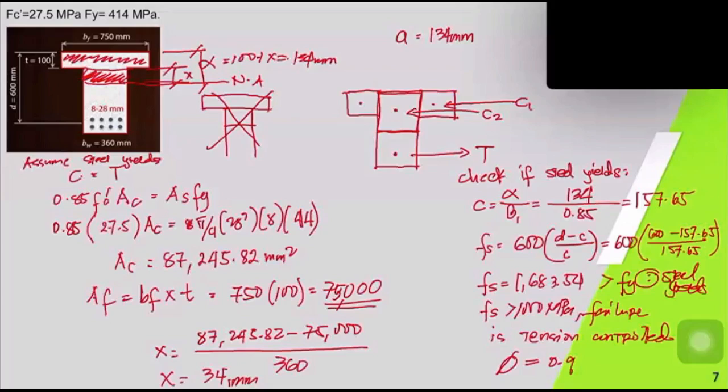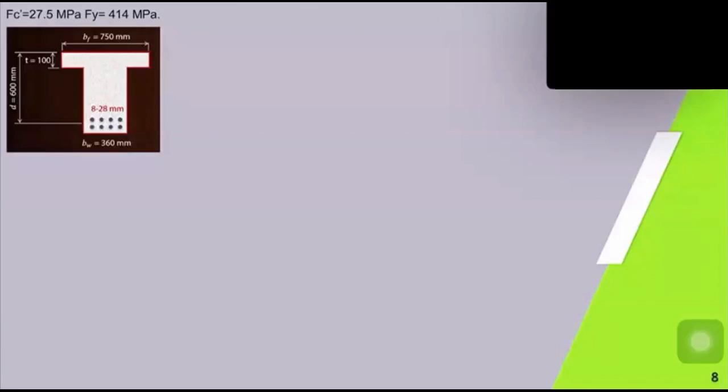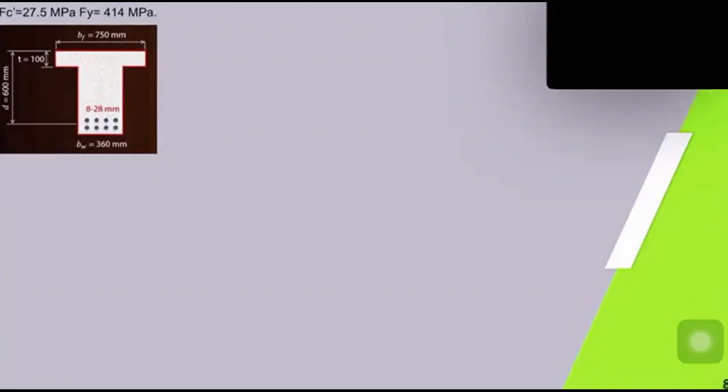So next, let's say we have an analysis. So we have C1, then we have C2, then T. So your Mn now is equals to phi, we have C1. What is the moment arm of C1 to T?